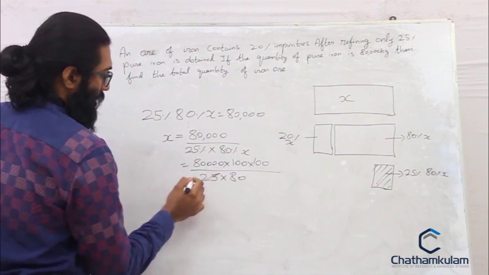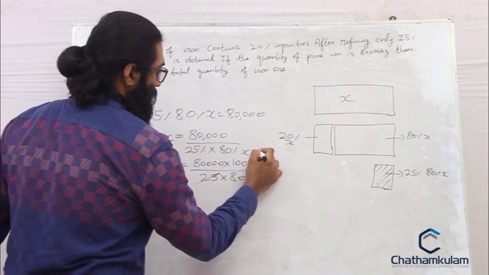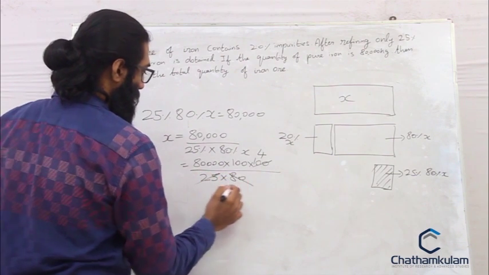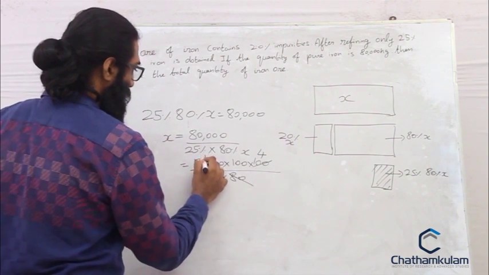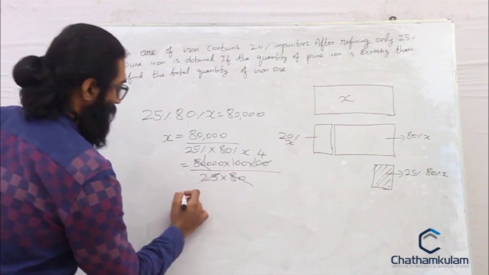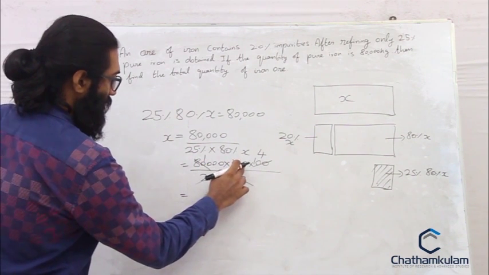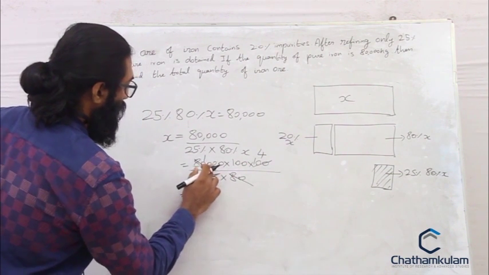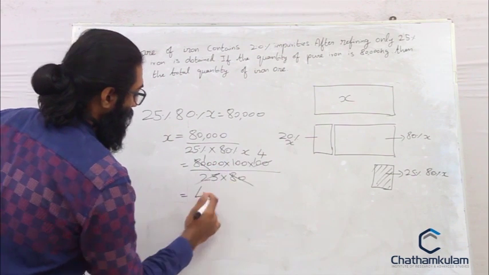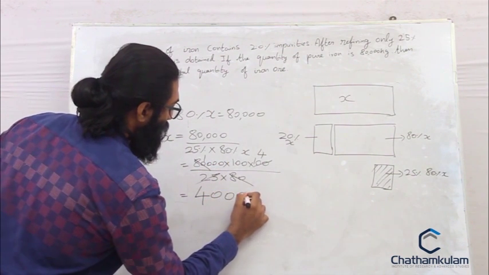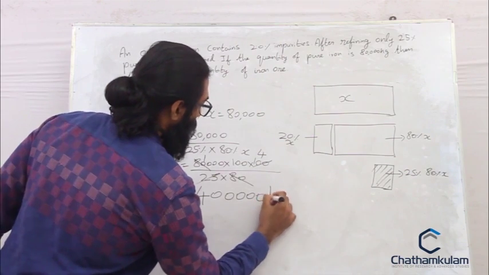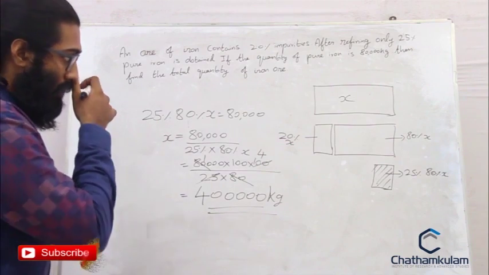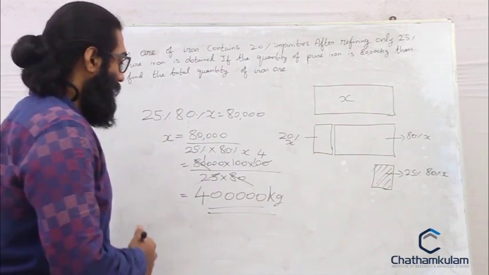We cancel 25 and 100, we get it as 4. We cancel this 80 and 80 here, we get it as 1000. 1000 into 100 into 4, that is 4 followed by 5 zeros, 400,000 kilogram. So this is the total amount that we get.